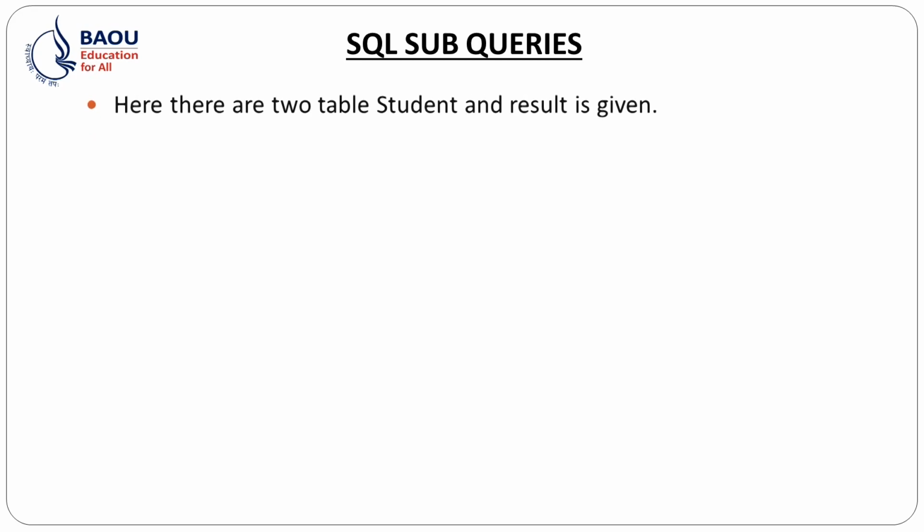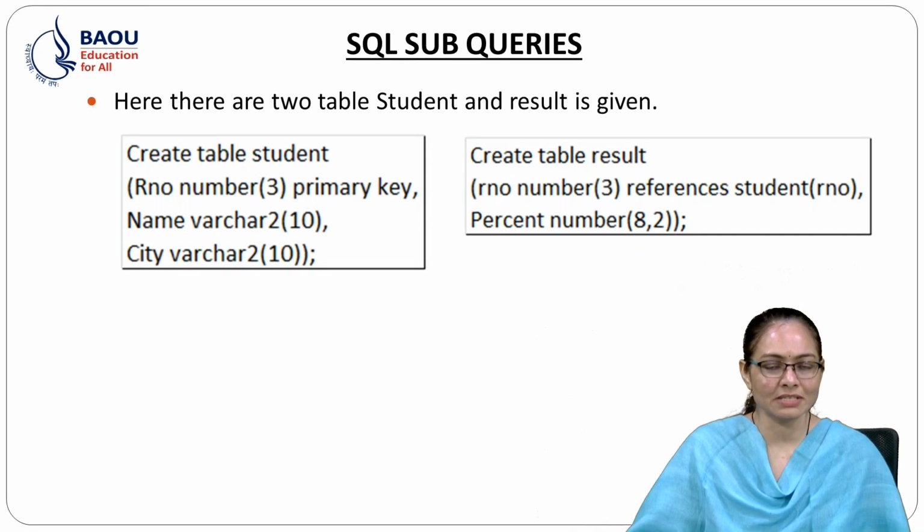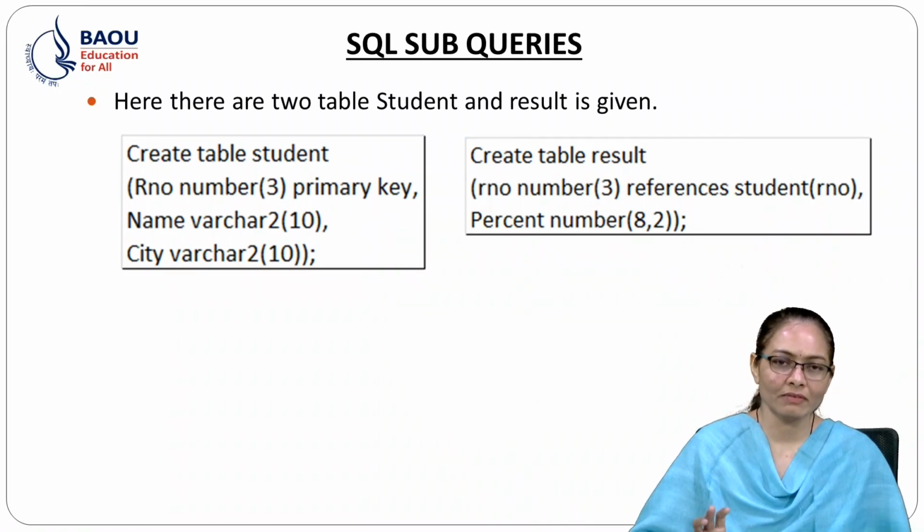Now we can learn the subquery using an example. Here two tables are given, the same as we used in the join query: students with roll number, name and city, and result with roll number and percentage. Join is always used to fetch data from multiple tables.